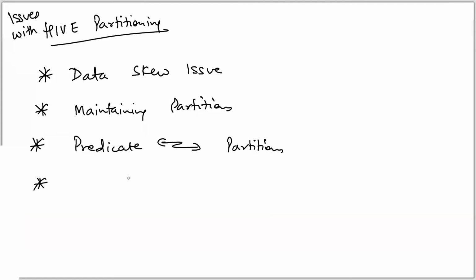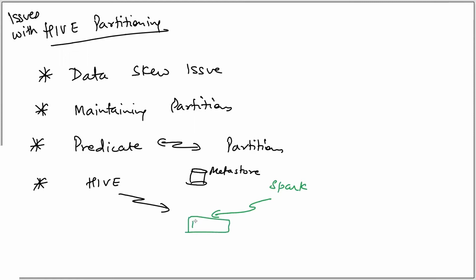Apart from that, through Hive you may be creating partitions. It's fine, everything is okay because the Metastore is in sync. This is the Metastore. But let's say you do something through Spark, you are writing something in HDFS. Then Hive is not aware. You created some partition through Spark, but Hive is not aware.